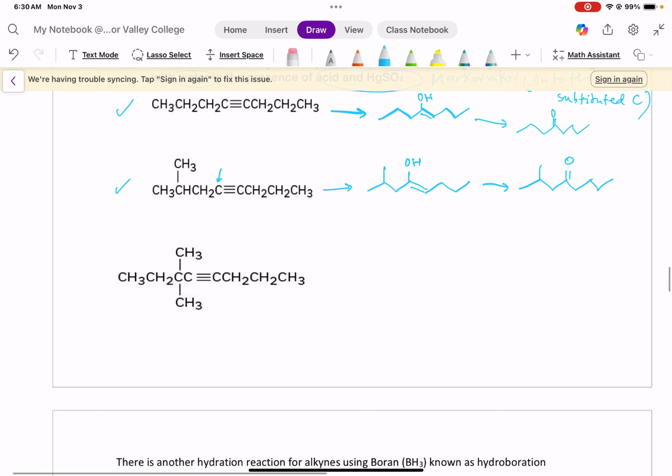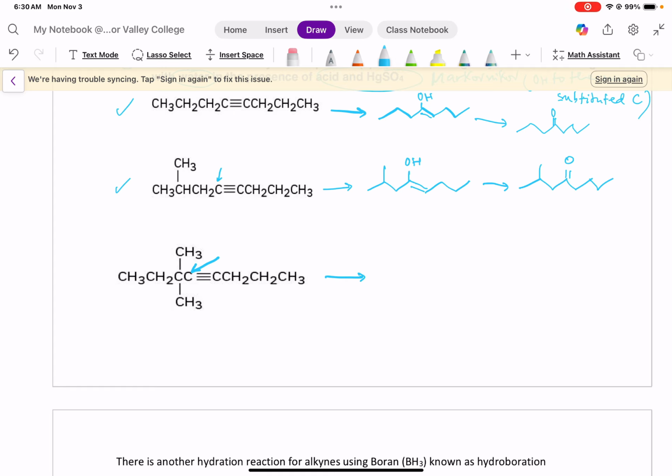So much quicker with the line angle formula. Okay, this one, obviously, the OH going there. That's a C. So that's gonna become 1, 2, 3, 4. Okay, that's double bond.